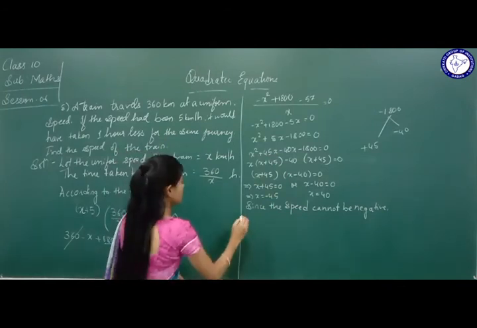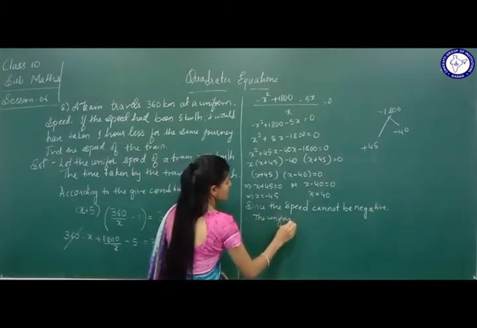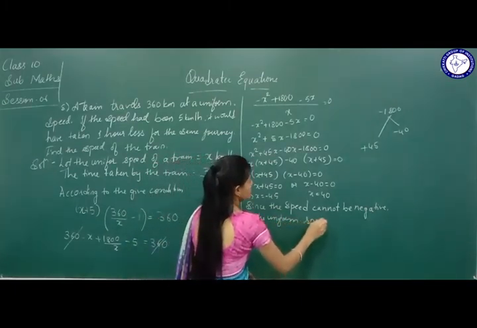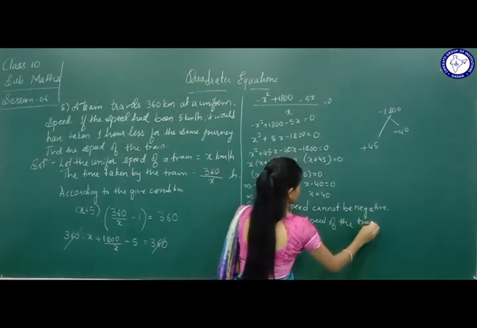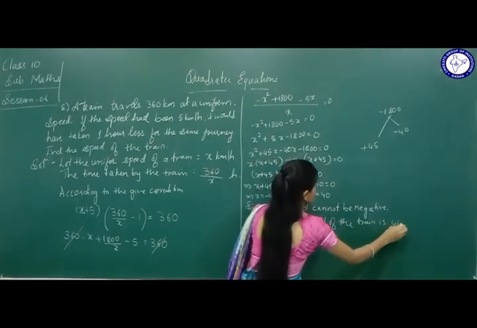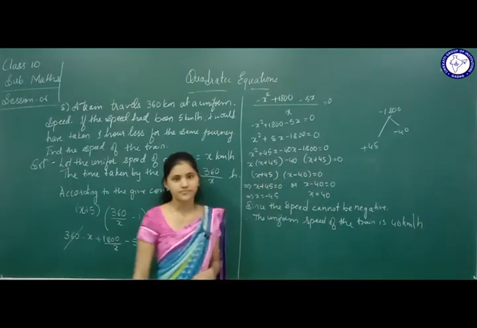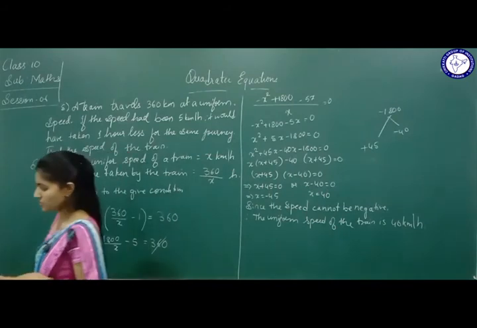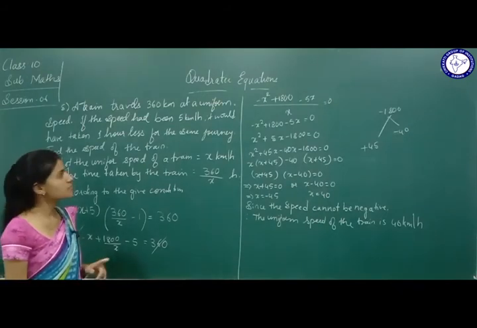Therefore, the uniform speed of the train is 40 kilometers per hour. Right? The speed of the train cannot be negative. Hence we got the speed of the train as 40 kilometers per hour.